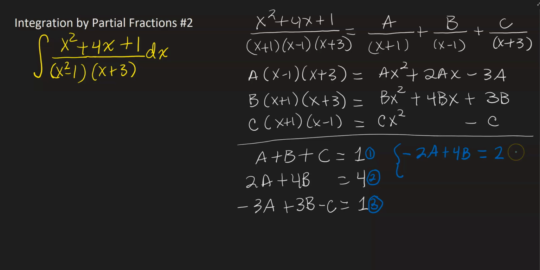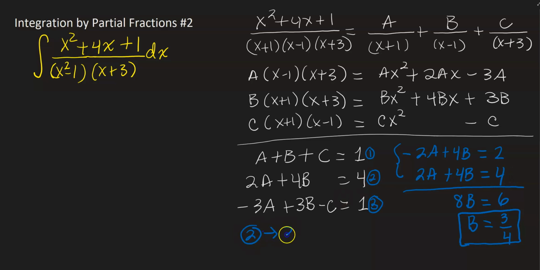And then we would keep equation number 2, so that we will have 2A plus 4B is equal to 4. Okay, now with these two, we can go ahead and add straight down. The A is going to be eliminated, and we would have 8B is equal to 6. So B will equal 6 over 8, which will give us 3/4. So B is 3/4.